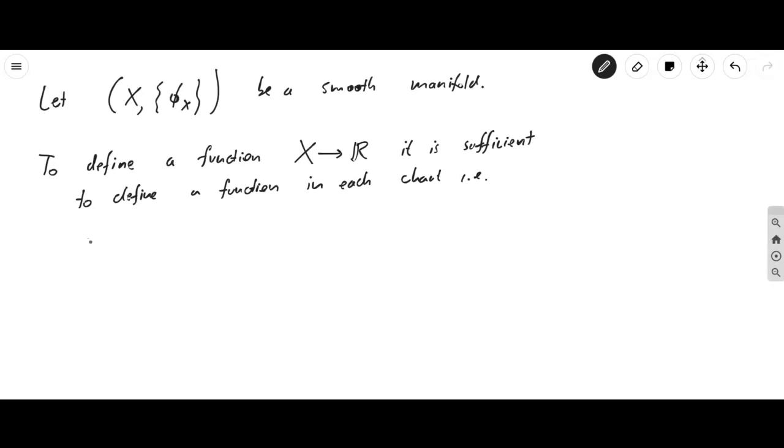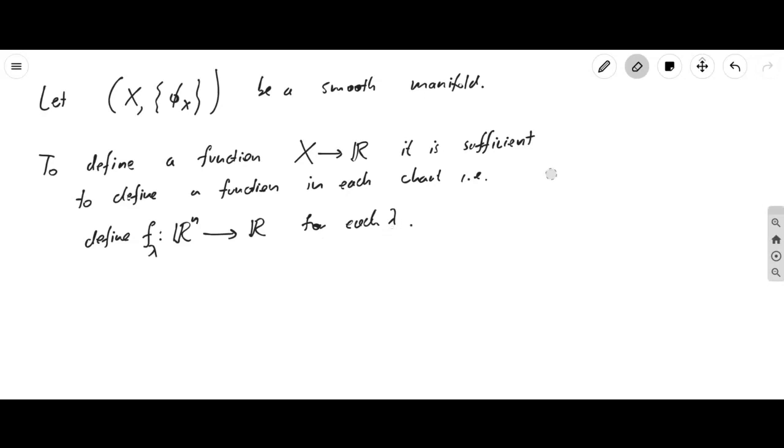So i.e., we want to define a function from Rn into R for each lambda. So let's call this function f subscript lambda, because we're doing it for every chart.